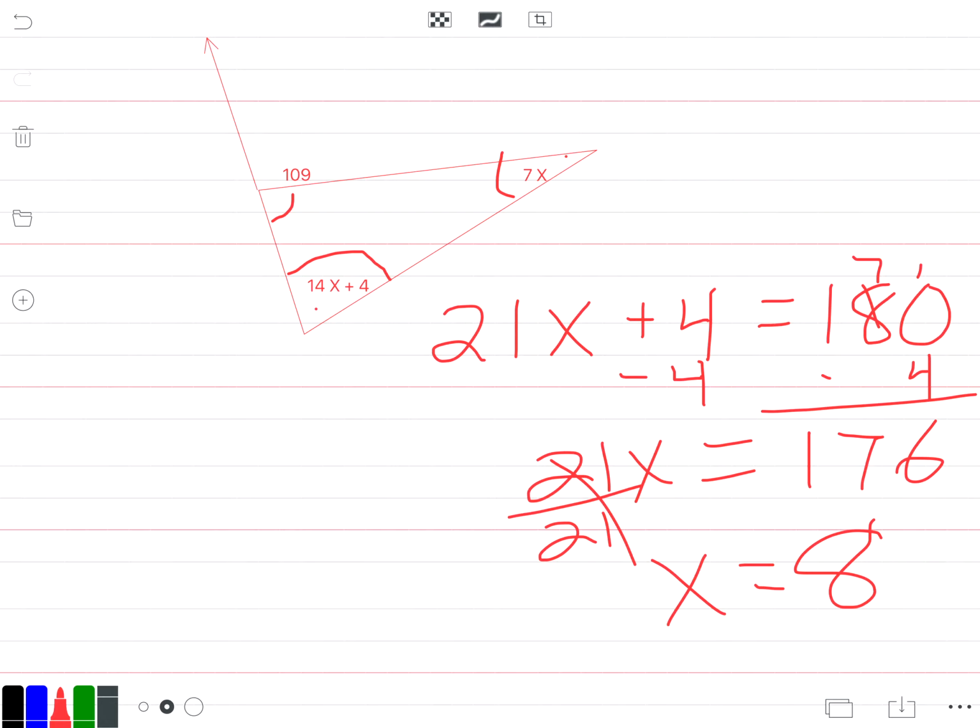So you'd get x equals 8. So that would give you x equals 8 here, or let me erase all of this.